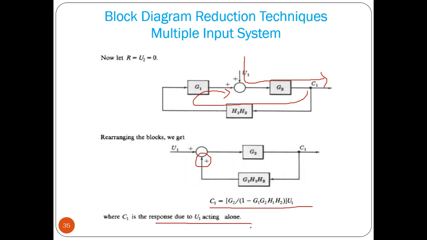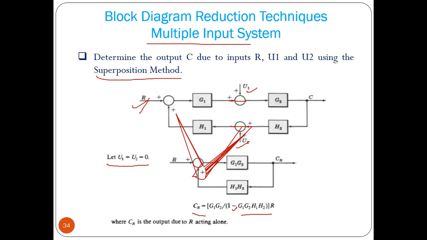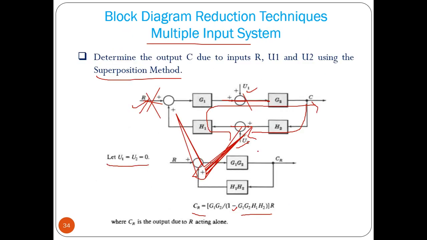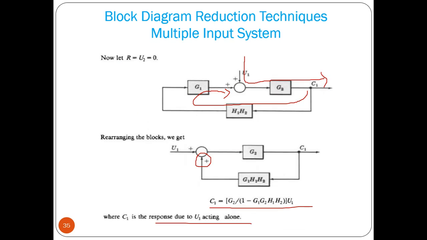Similarly, you can go for U2. When U2 is applied, U1 equal to 0 means direct connection, and R is also 0. So G1, G2. This is the way it goes to the output, right? And this is your feedback. We can see here that G1, G2 come in series, and from this input H1 comes in series also.